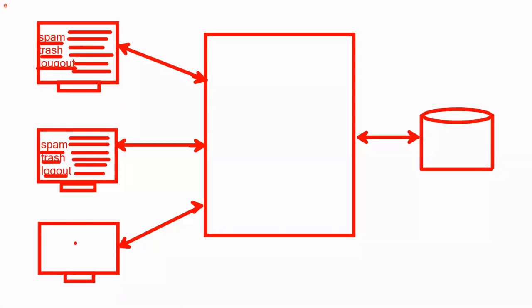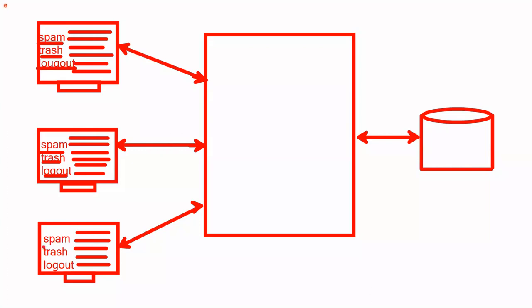Here, one person will enter username CCC and some password, received by the server, which communicates with the database. Here also the mailbox, the inbox, is displayed. On the left side some hyperlinks are also displayed: spam, trash, logout.